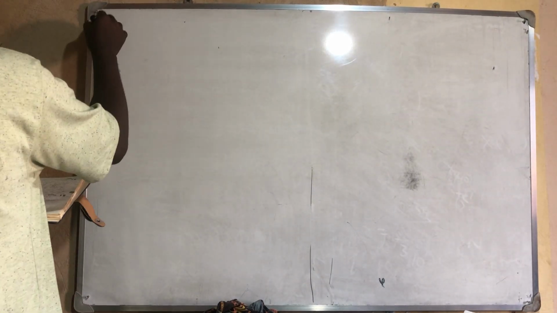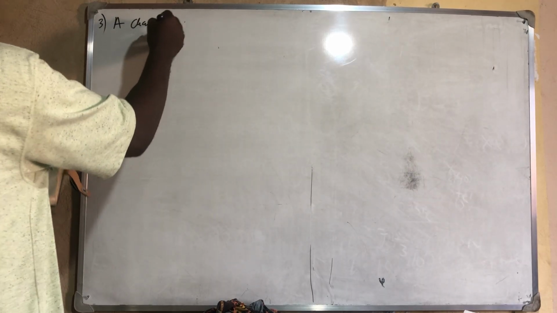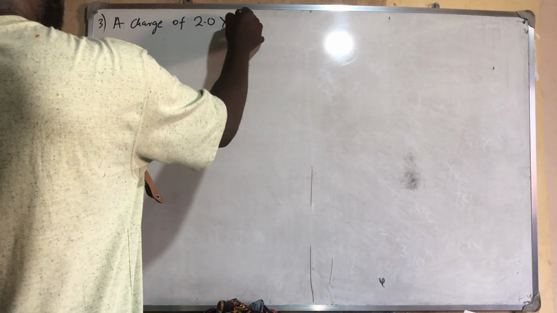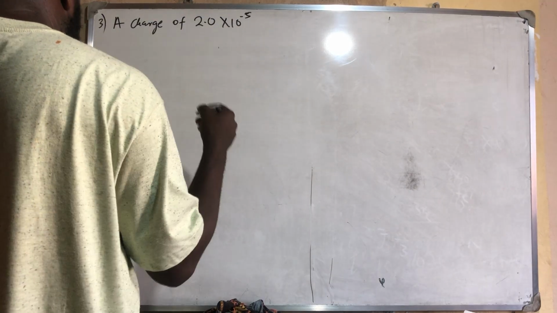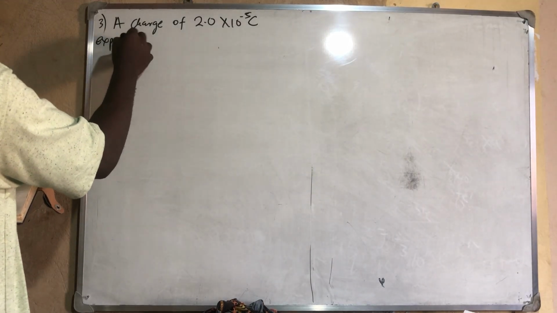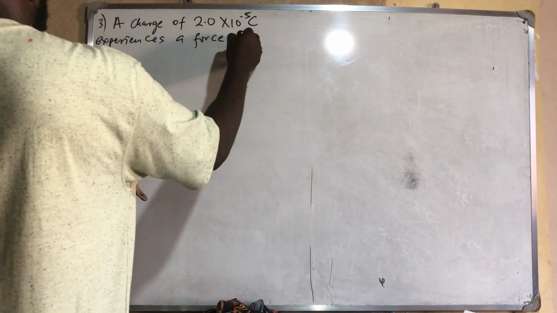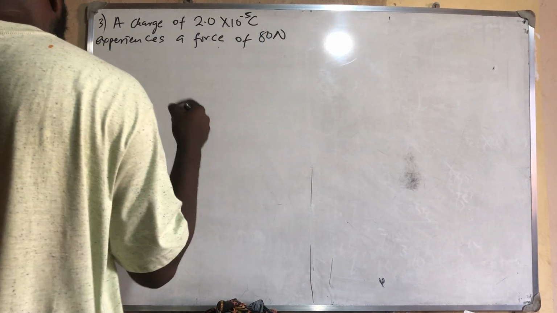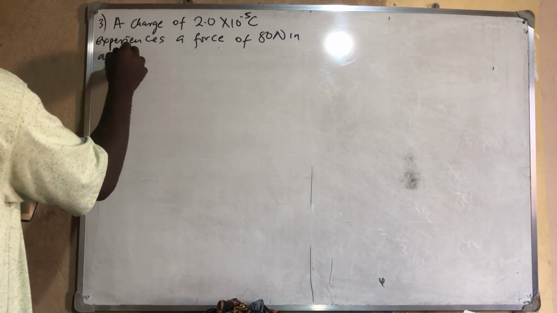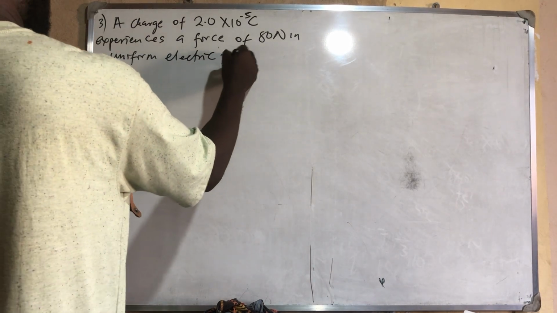So number 3 said a charge of 2.0 times 10 raised power minus 5 coulomb experiences a force of 80 Newton in a uniform electric field.